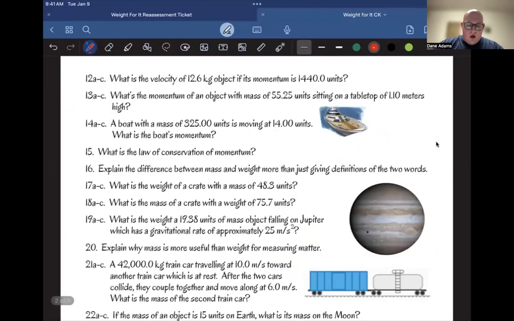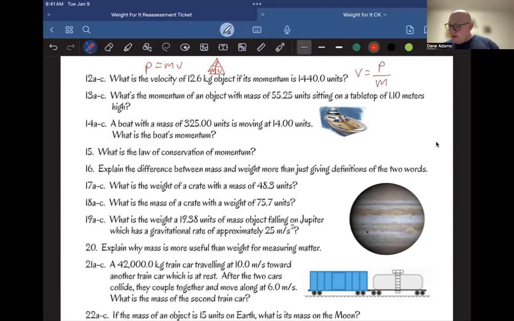Number 12 reads, what is the velocity of a 12.6 kilogram object if its momentum is 1,440.0 units? Well, to use the momentum equation, if you're comfortable using the triangle, I highly recommend it. My mathematical formula and relationships tell me that I need to take the momentum of this object and divide it by the mass.